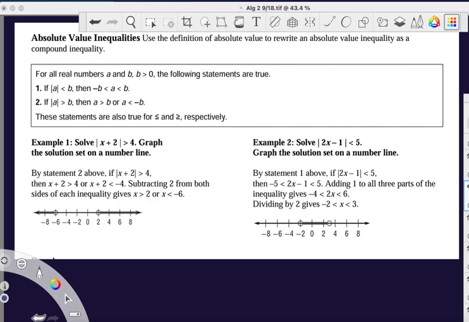So I don't know why they put that in there. I'm a little annoyed. Extraneous information. We all know the definition of absolute value. It's just a distance from 0. It's a positive distance from 0. If the absolute value of A is less than B, then we have an AND situation.